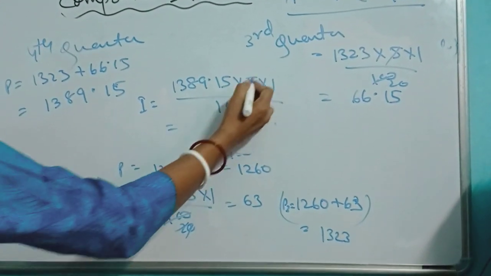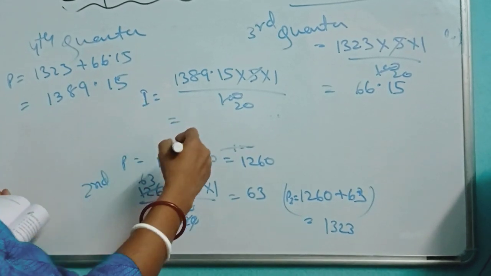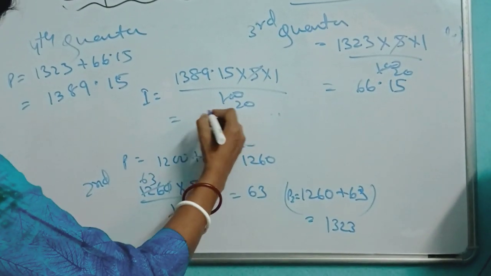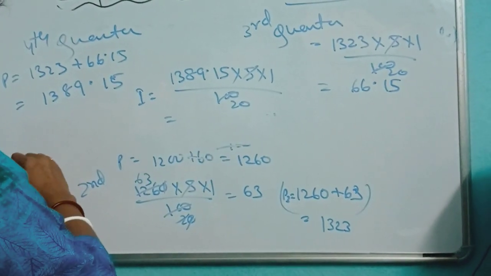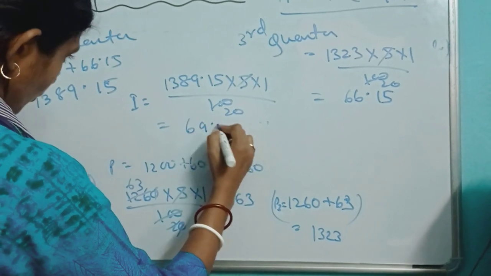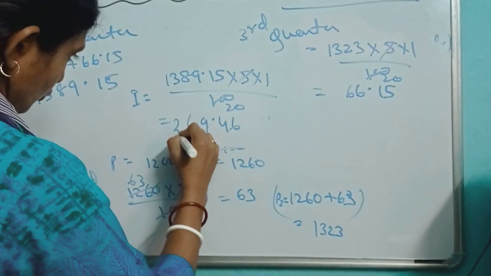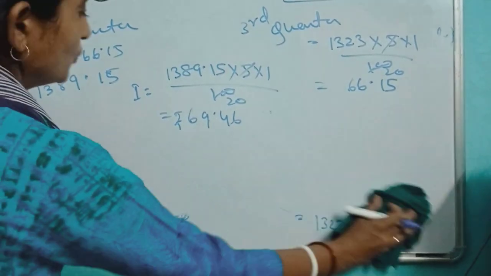After cancelling this one again, let's consider whatever we are getting as 69.46 rupees. This is the interest you are getting after completing the fourth quarter.